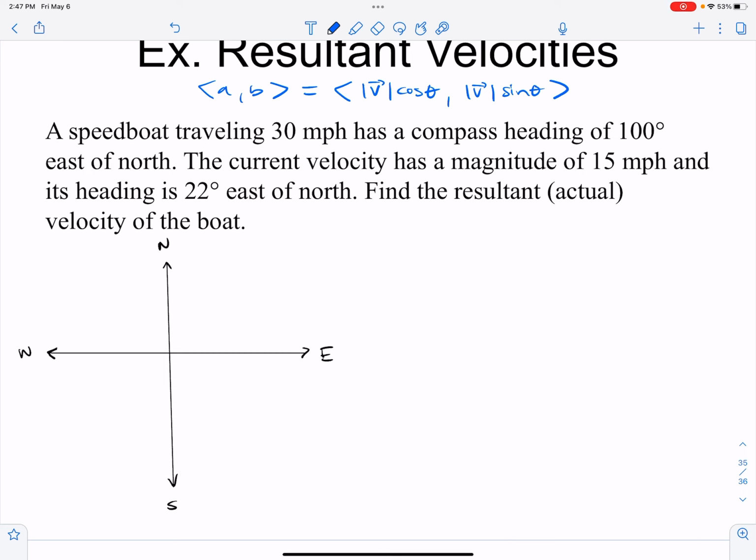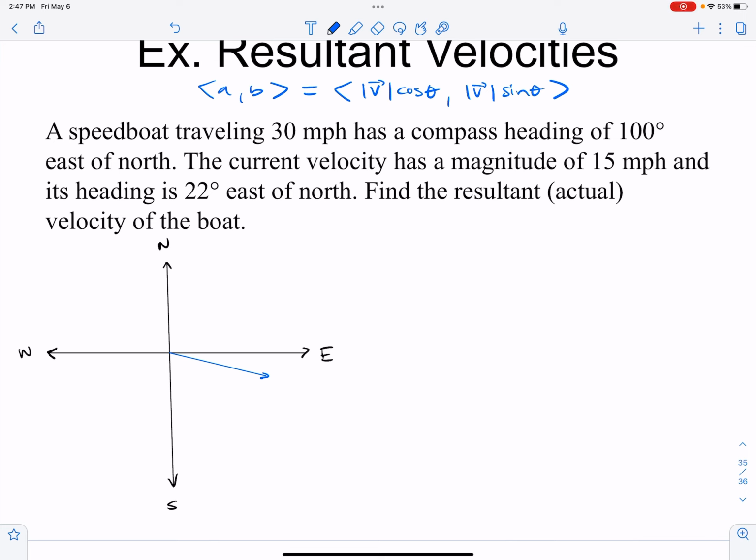Okay, so the vector that represents the velocity of the speedboat, that the speedboat is trying to drive at, is 30 miles per hour at a compass heading of 100 degrees east of north. So 100 degrees east of north would be about there.